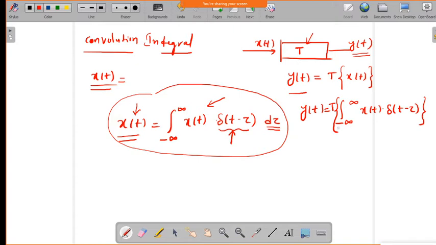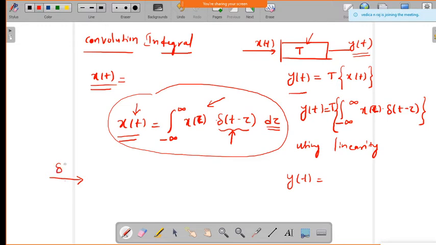Since we expressed it in terms of tau, x of t is nothing but x of tau. Using the linearity property, we apply the system's response only to the impulse.